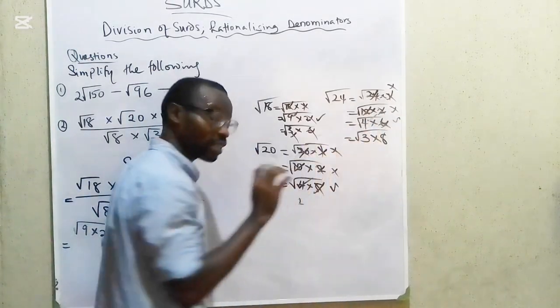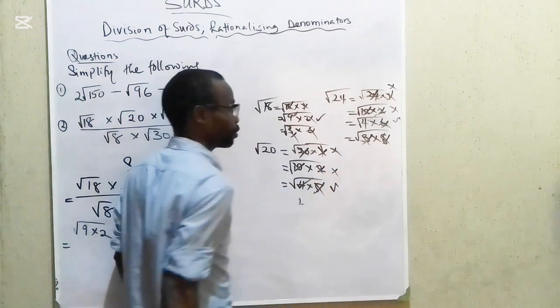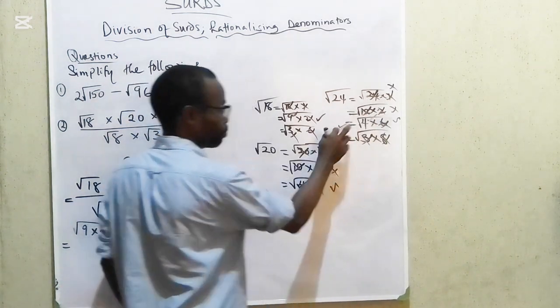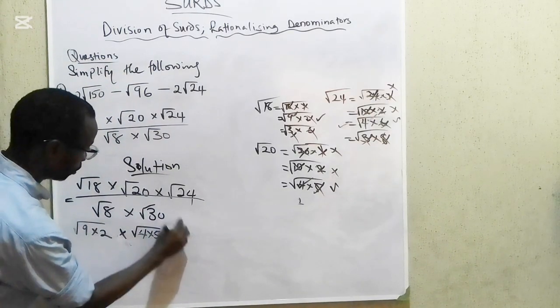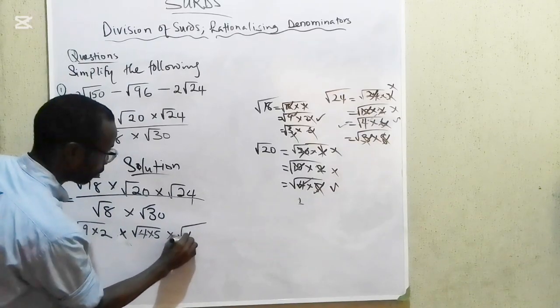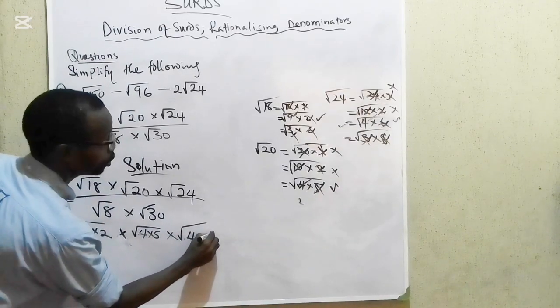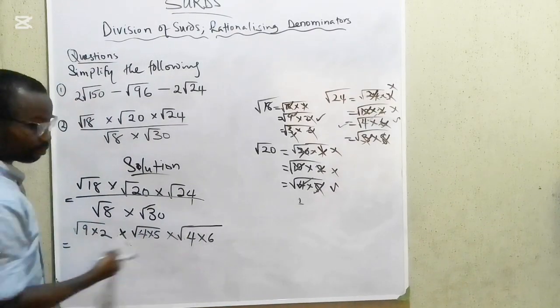So this one qualifies to represent 24. So it's going to be the square root of 4 times 6. We're representing 24 with 4 times 6.